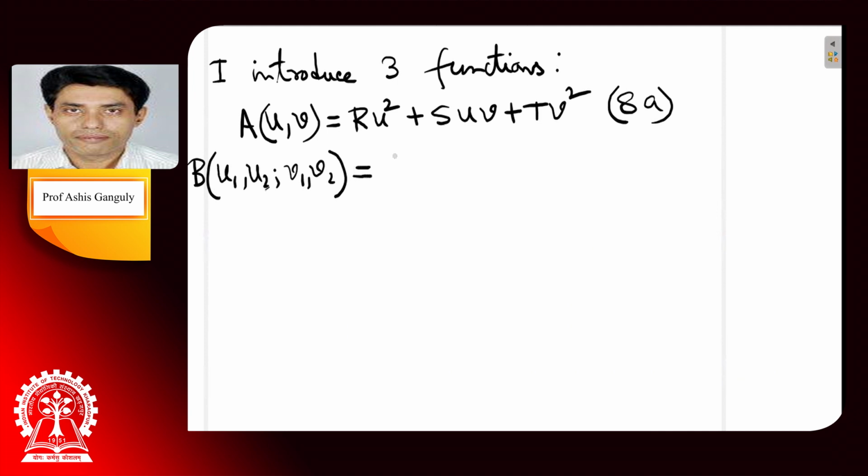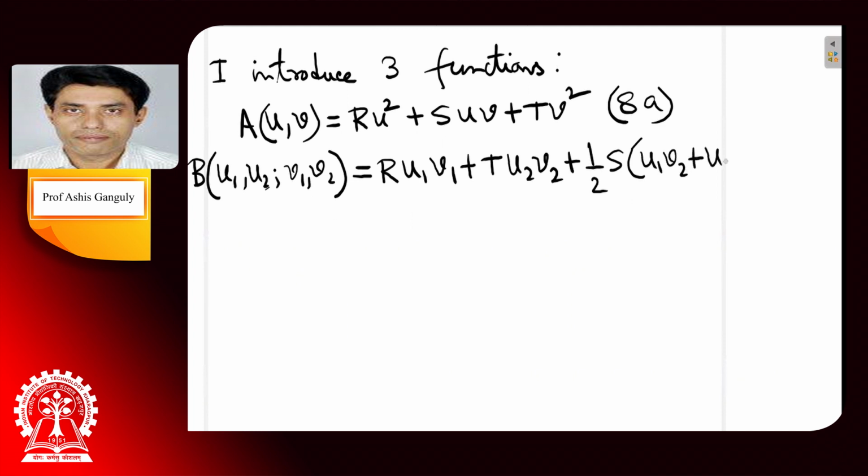Its definition is r u1 v1 plus t u2 v2, plus half s times u1 v2 plus u2 v1. Let me label it as 8b.